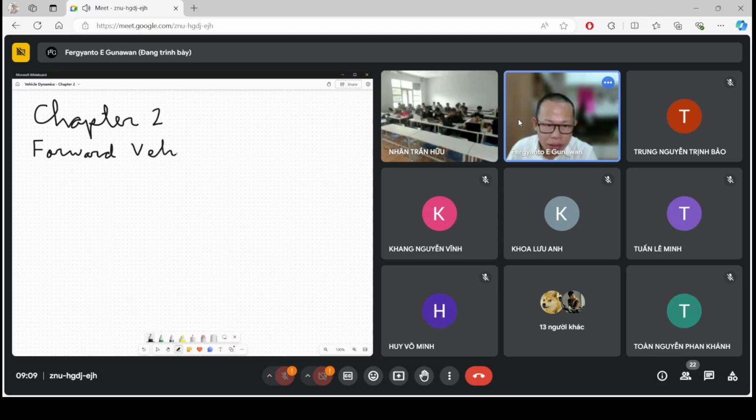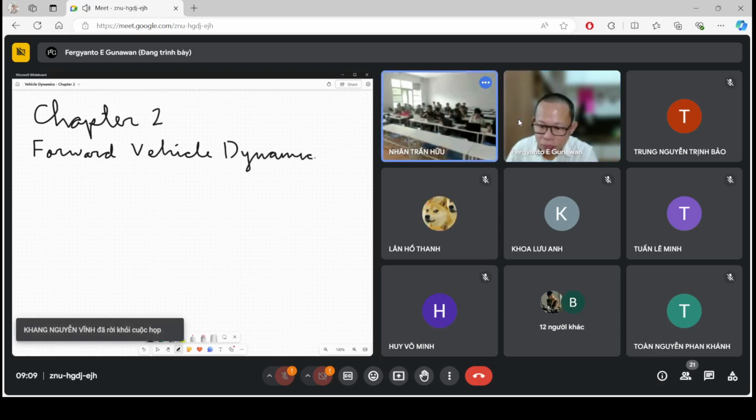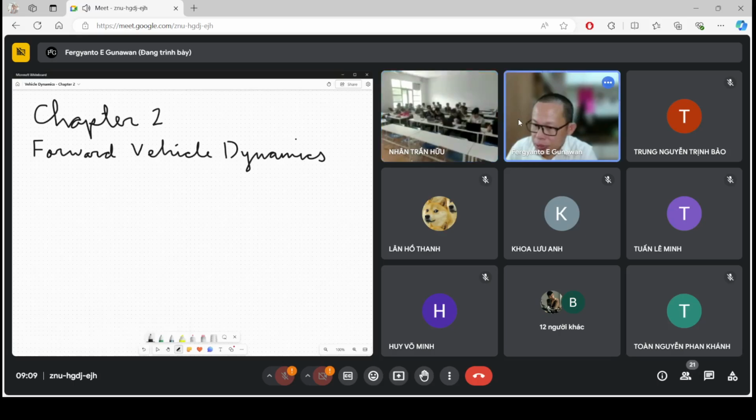It's a very simple idea here that we wish to know the acceleration that a vehicle may have. So the content is given following, and we are going to focus only on the first two sections.